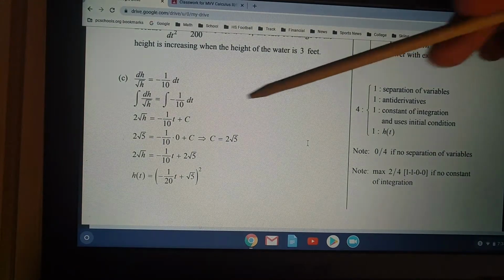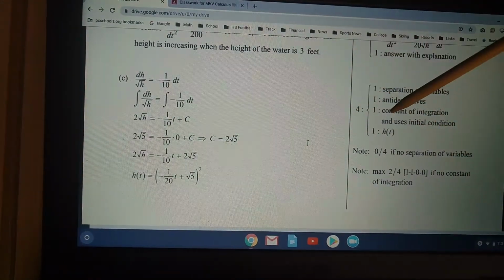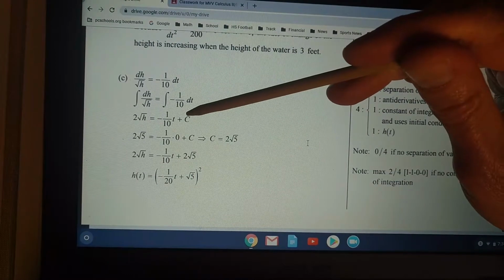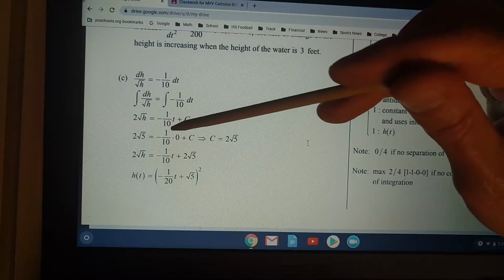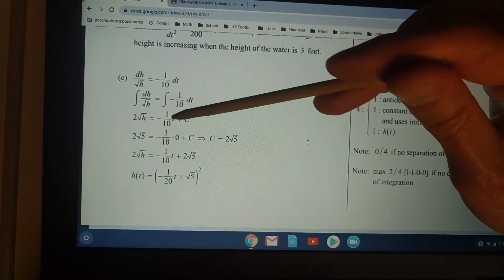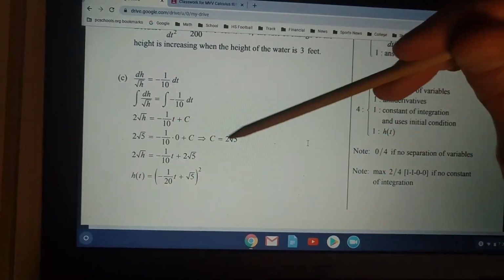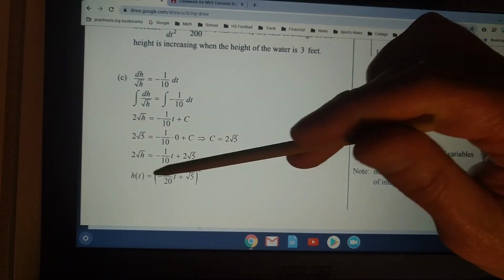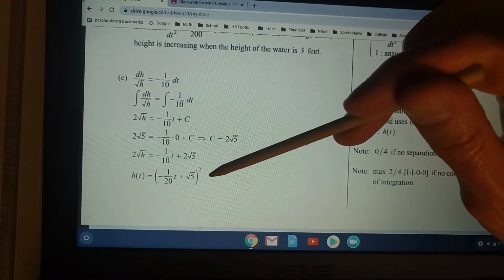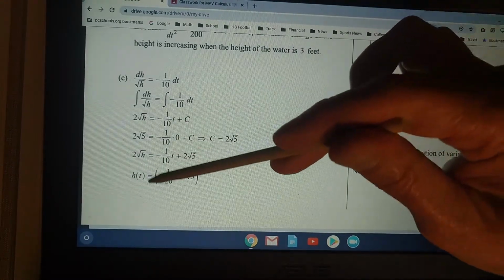Now for the constant of integration point, you have to have a plus c, but you don't just have to have a plus c, you actually have to substitute in 5 for h and 0 for t and get the correct c, which is 2 radical 5. And then if you actually solve it correctly for h and get to this, you would get it.